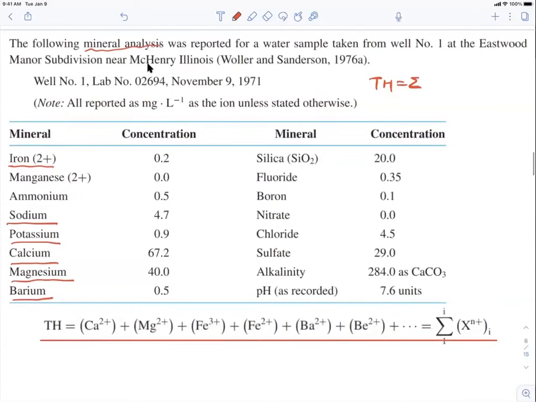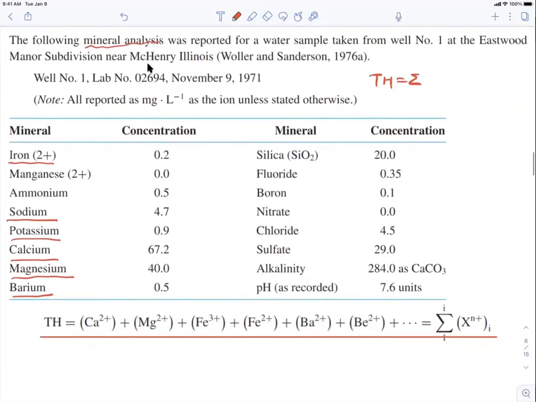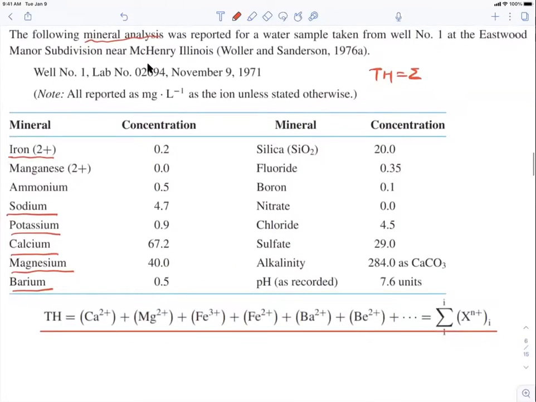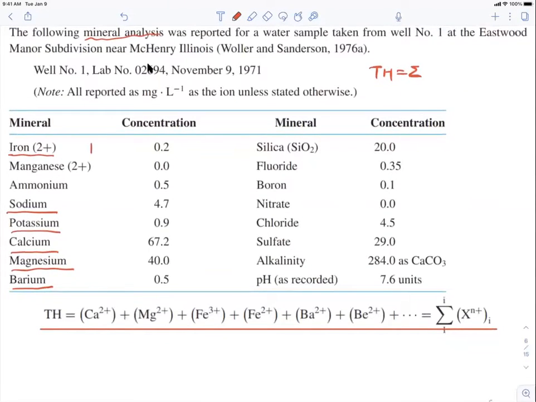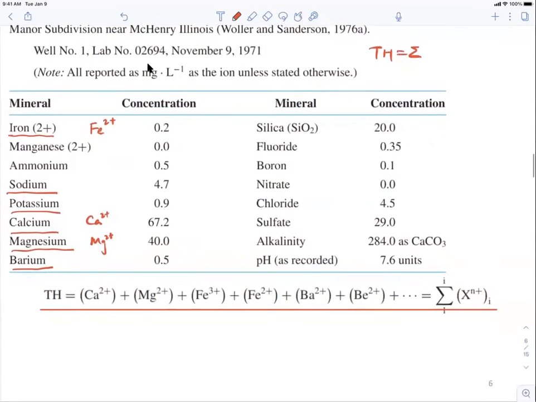So to calculate the hardness, we just need to sum all the polyvalent ions. You see that the polyvalent ions are iron here, and then calcium, and then magnesium. So first we need to know the molarity, or the mole per liter, for these ions.